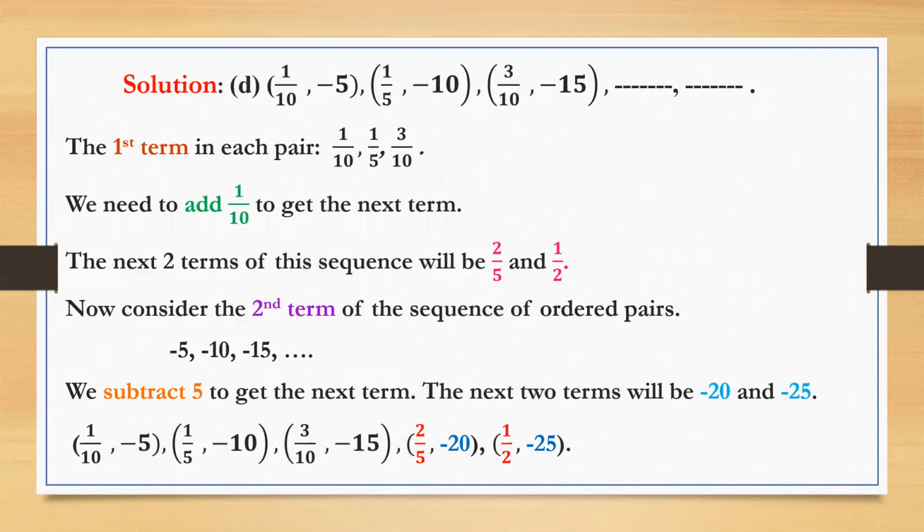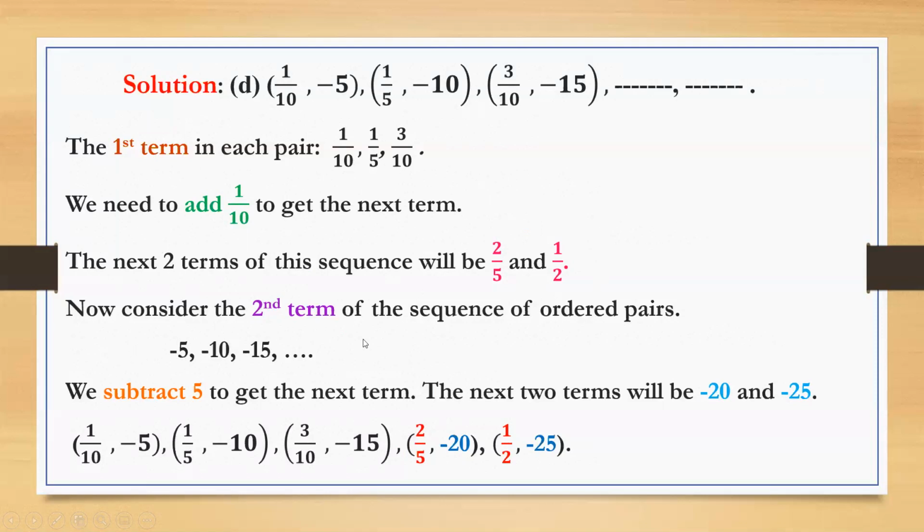For part D, the first terms will be 1/10, 1/5, 3/10. 1/5 is in fact 2/10, so 1/10, 2/10, 3/10. The next two terms will be 4/10 and 5/10, but 4/10 is also 2/5 and 5/10 is also equal to half, because we are adding 1/10 to get the next term.